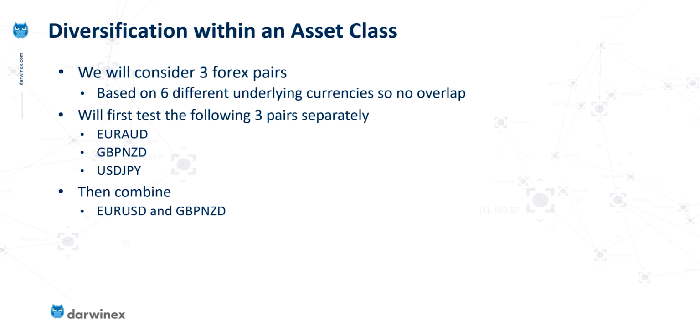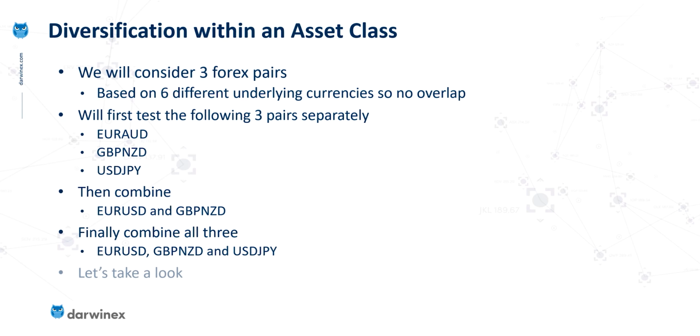And we'll look to see the effect that this has on the risk, which I'll be basing on the drawdown of those accounts. Then we'll go one step further and add the third Forex pair in. So dollar yen will now be traded alongside the other 2 in the same account to get a single equity curve. So let's take a look.